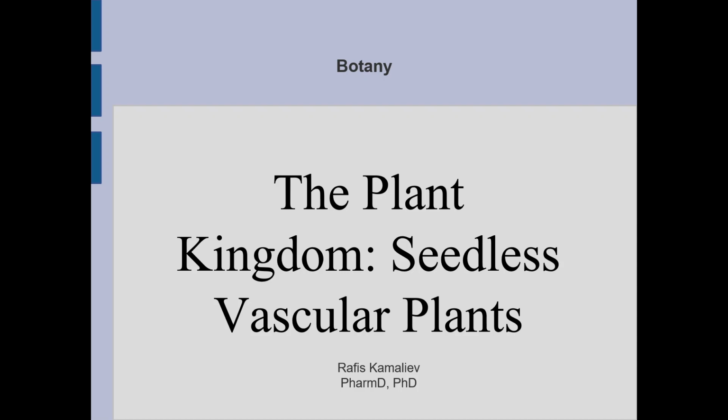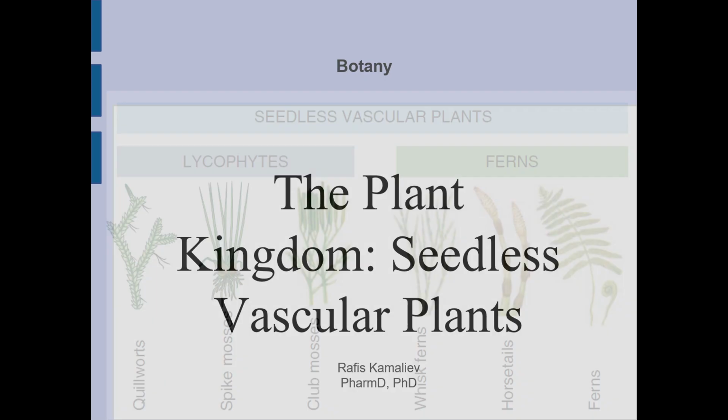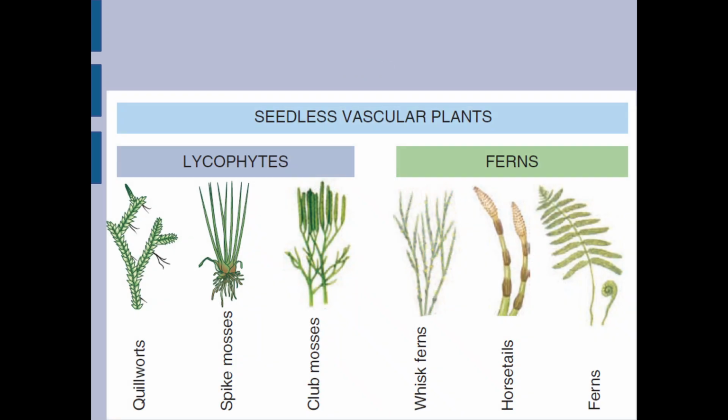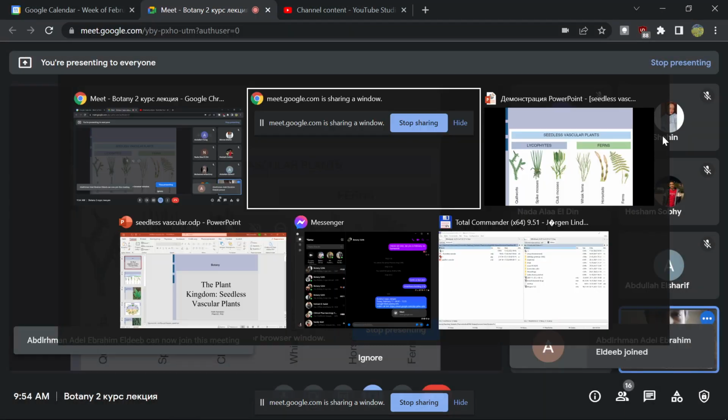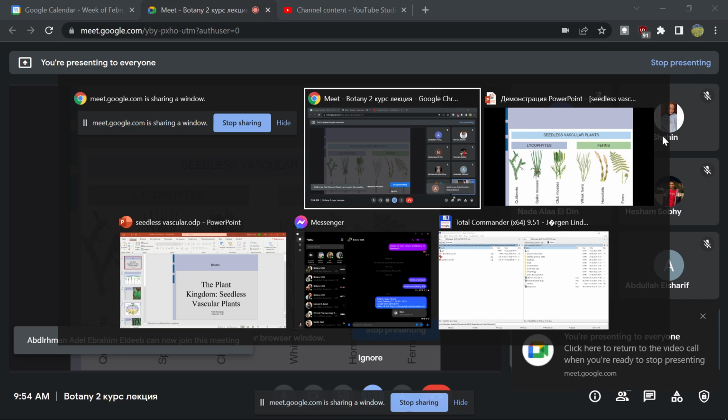Good morning, everyone. The topic of today's lecture is the plant kingdom, seedless vascular plants. So this is the first of the kingdoms we will study in this semester, and the seedless vascular plants are one step of the evolution to the flowering plants and are divided into two groups, and these include the lycophytes and ferns.